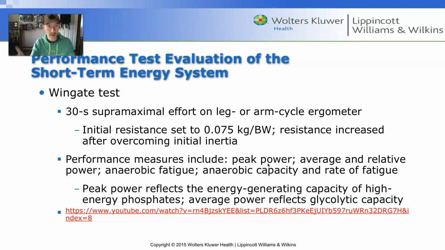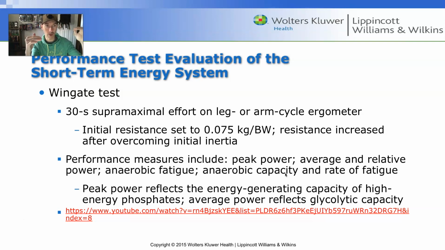But what we can also calculate is then the average power, relative power, which is expressed as a function of their body mass, okay? And then their rate of fatigue, their fatigue index, those are just terms that we look at to see the difference in their peak versus their lowest power. People who are very well trained in this avenue, there's not a lot of difference there, right?